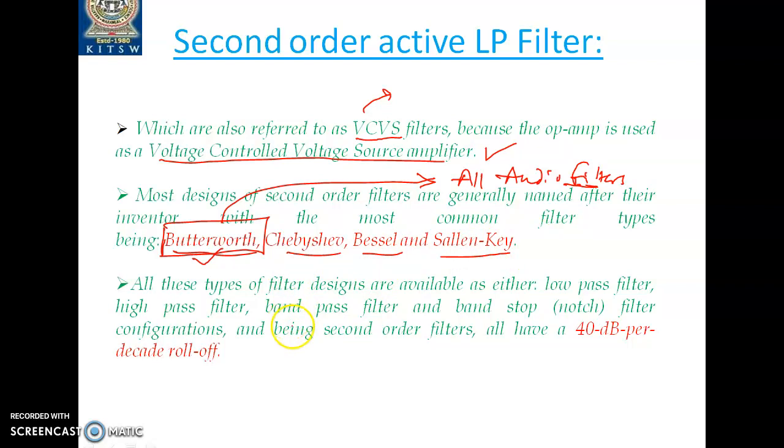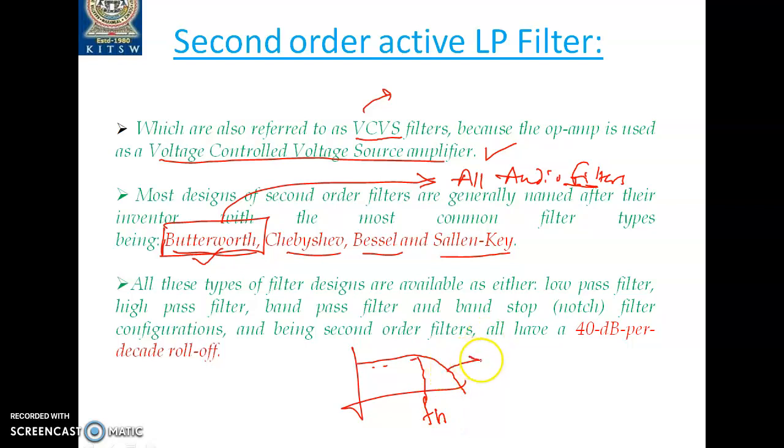Okay, next. This point is very important for us because when you want to design the second order active low pass filter, we normally see the slope. So okay, this is the low pass filter frequency response I am drawing. So this we already know, right? Up to this is the plot, and here you will be having the higher cutoff frequency.